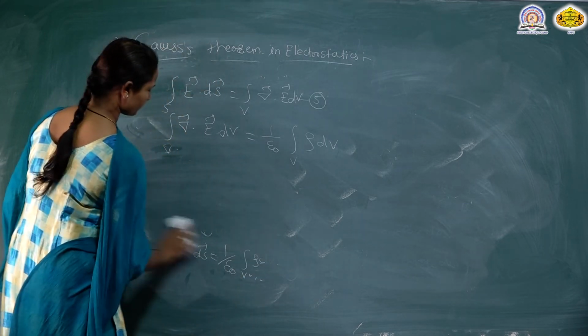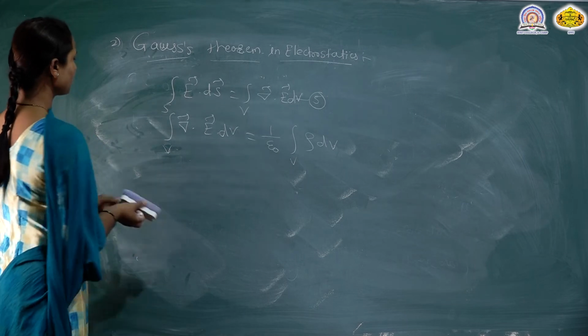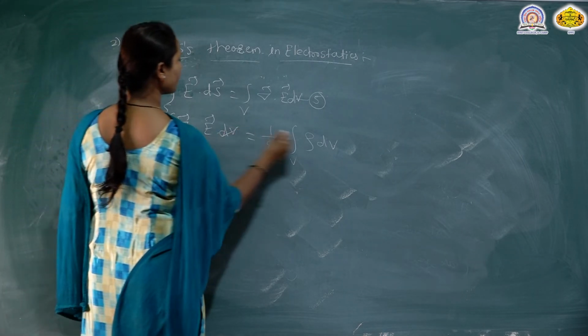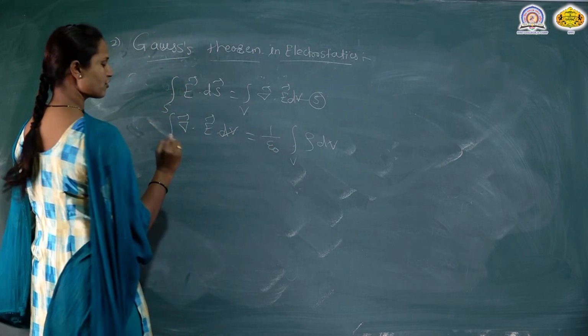Next, the differential form of Gauss's law: the dV and the integration cancel.